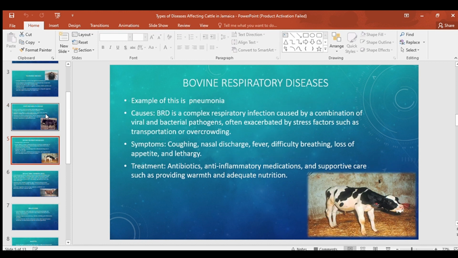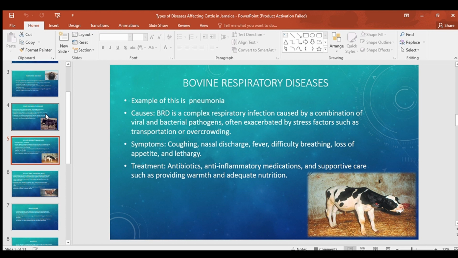The next that we have on this list is the bovine respiratory diseases, for example pneumonia. The cause of bovine respiratory disease is a complex respiratory infection caused by a combination of viral and bacterial pathogens, often exacerbated by stress factors such as transportation or overcrowding.